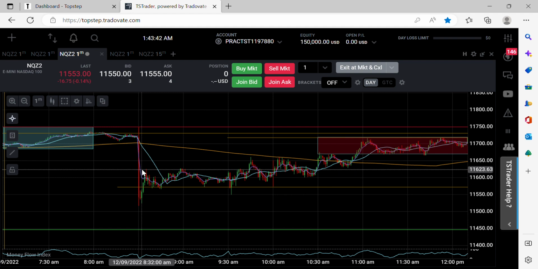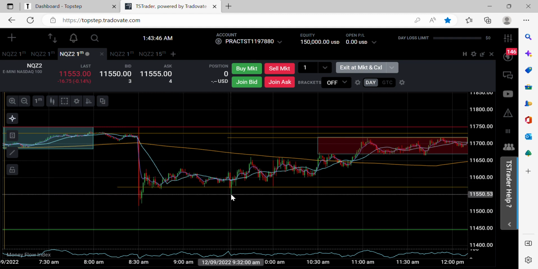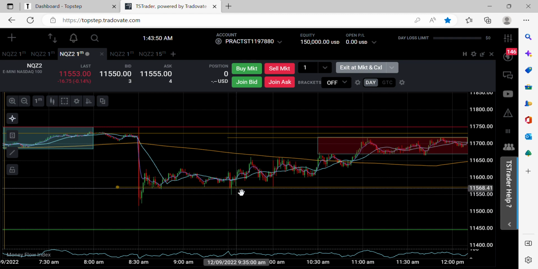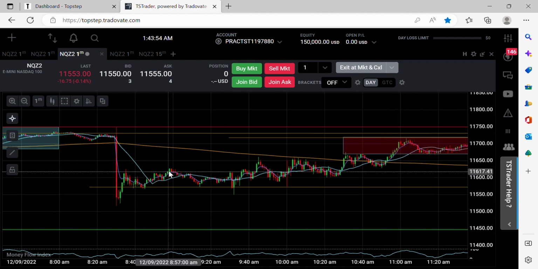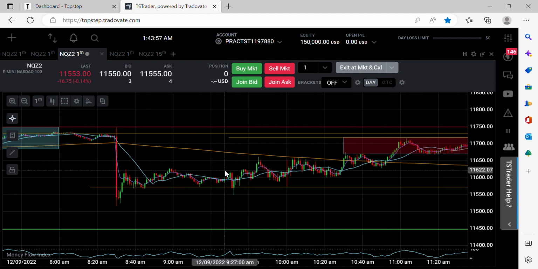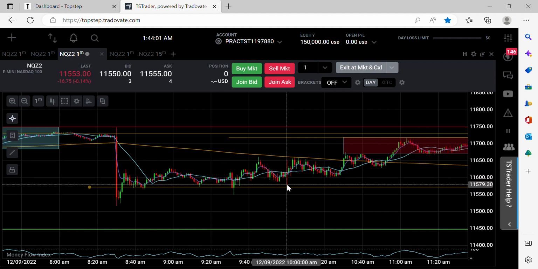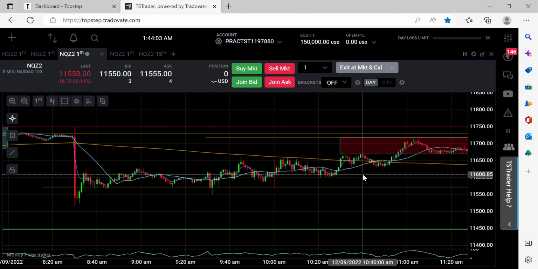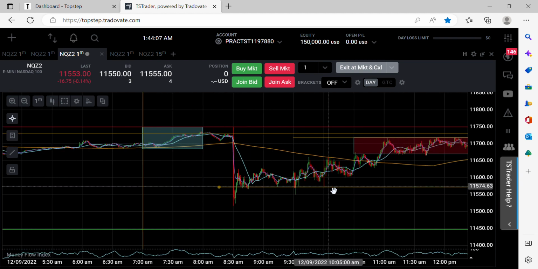So we see a touch, we see another touch, we see a break. But for the most part, this area held really, really well. So if you went long off of here, long again, long again, look down, long again, you're not doing too bad. That's another pattern based off of a baseline.